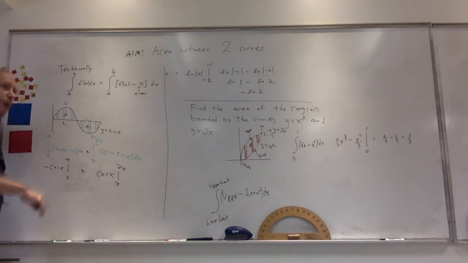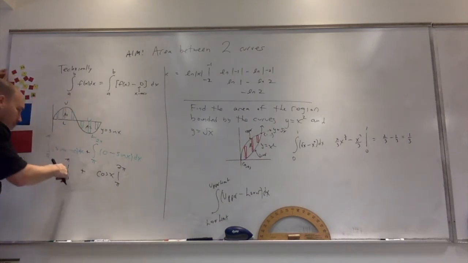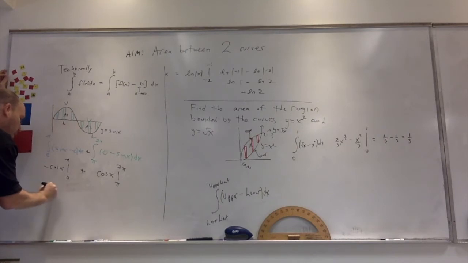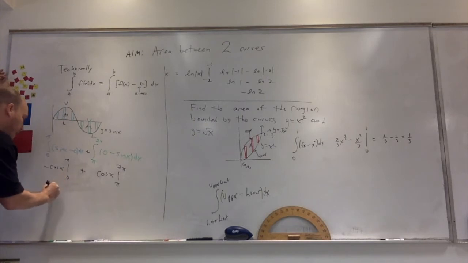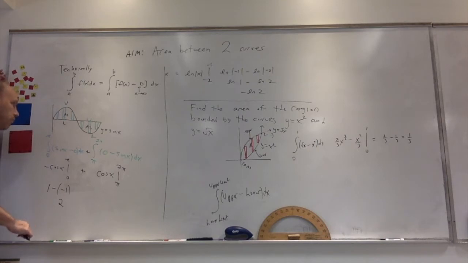The cosine of pi is negative 1, so this is 1. And the cosine of 0 is 1. The cosine of pi is negative 1. So we're subtracting negative 1. This gives us 2.